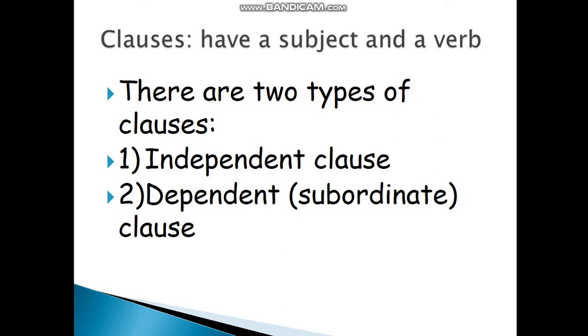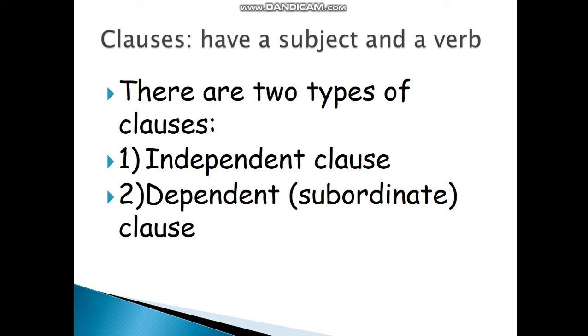So clauses are those that have a subject and a verb. A simple sentence has one main clause. So this is very important. When a sentence has one main clause, it means that it is a simple sentence, and that simple sentence is correct because it has a clause.